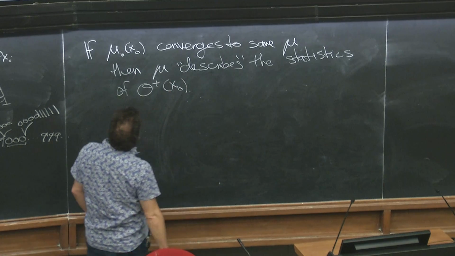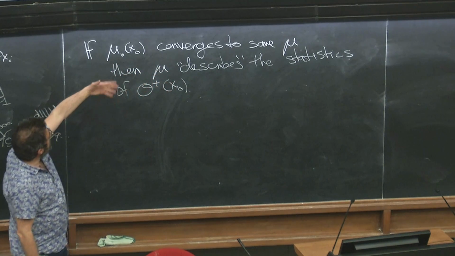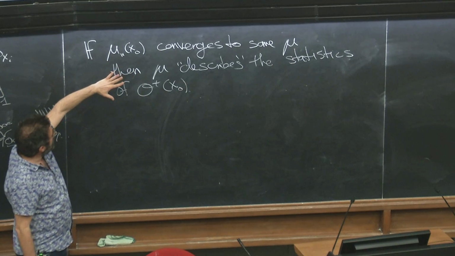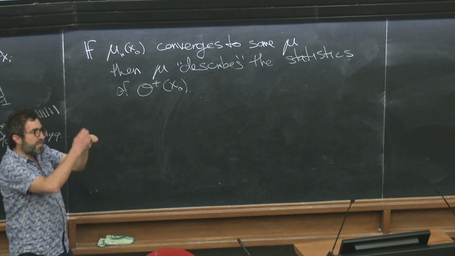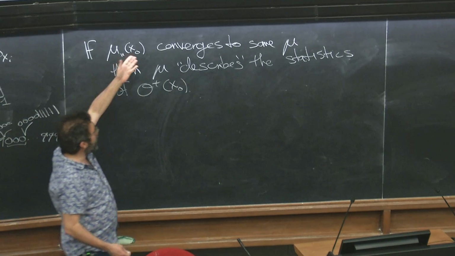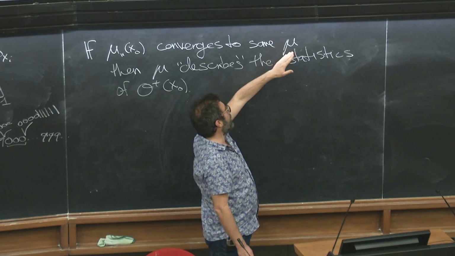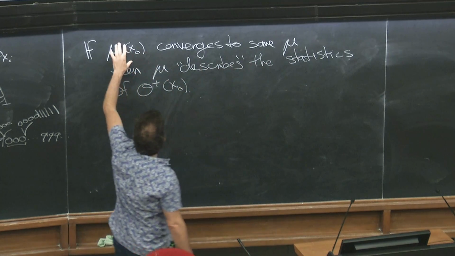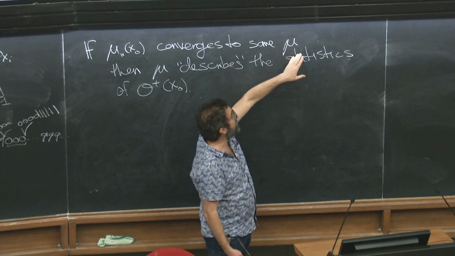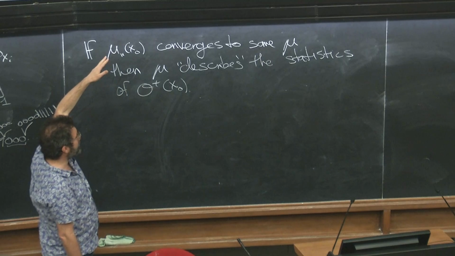of x_0, right? Because if mu_n of x converges to some mu, this means that when n is very big, this measure here, which is equally distributed along all the points, is approximated by mu, right? Or mu approximates this measure, but it's the same thing to say that mu approximates this measure if you fix some very large n.